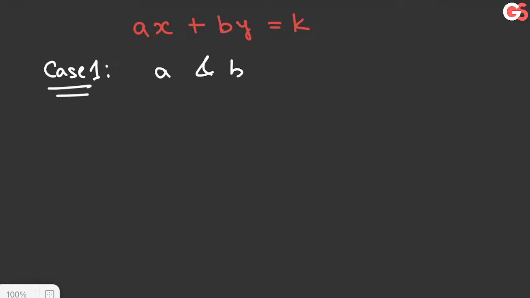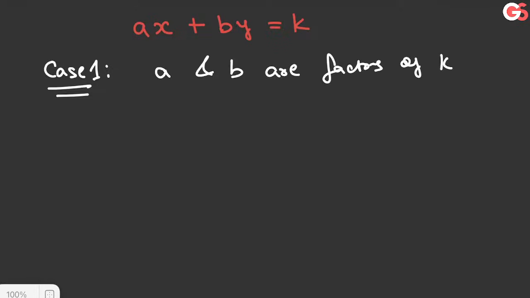So to make things simple, if there exists an equation which looks like this, ax plus by is equal to some kind of constant, let's say k, then there are two cases that we discussed. Case one, a and b are factors of k.